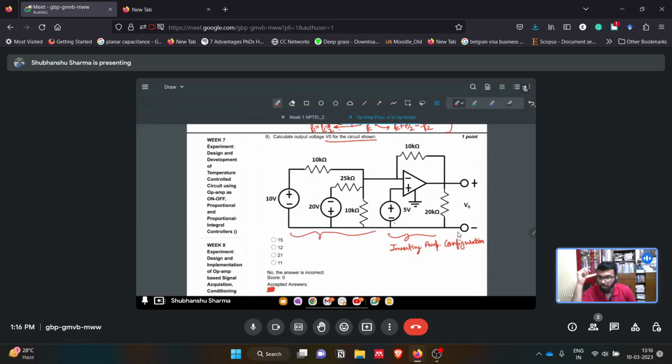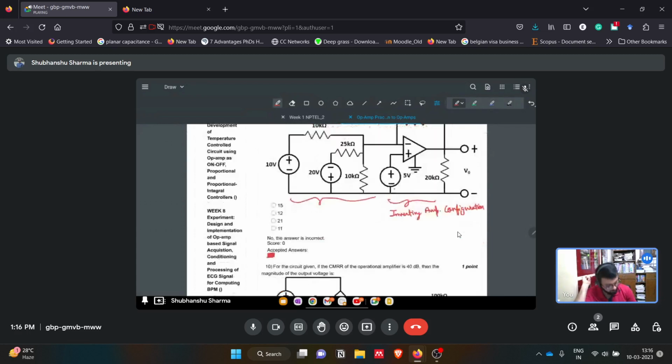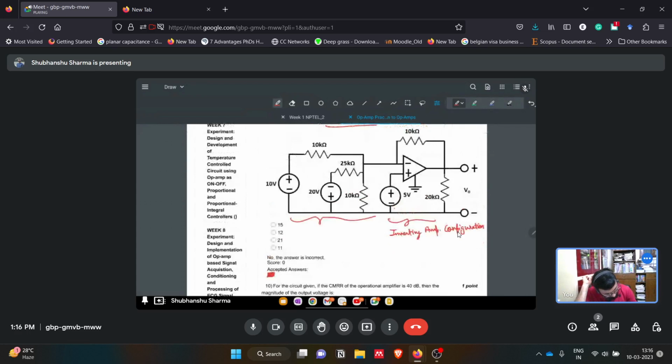Sorry, this is non-inverting amplifier configuration. So you know how this non-inverting amplifier configuration works. If we can simplify this circuit, then I think this problem will become simple.